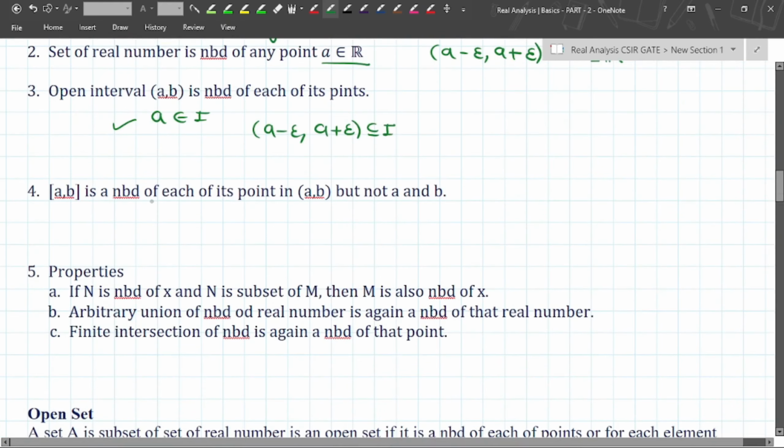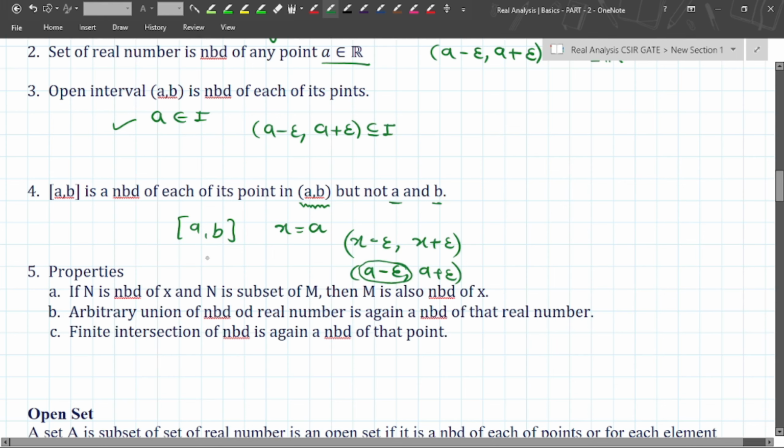Similarly, a closed interval is a neighborhood of each of its points in the open interval, but not at a and b. If I take, let's say, a closed interval, and I take x equal to a, then what I do is x minus epsilon and x plus epsilon. It means a minus epsilon and a plus epsilon, but a minus epsilon is not in that interval.